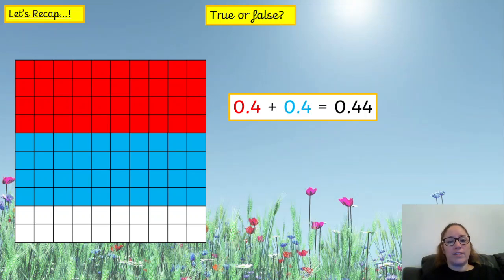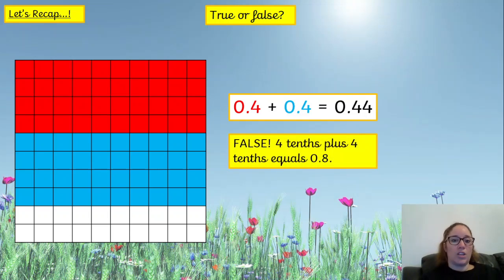Does it equal 0.44? No, it's false, because 4/10 plus 4/10 equals 8/10, or 0.8. If it was 0.4 plus 0.04, that would mean we only had 4 blue bits, whereas then the answer would be correct.